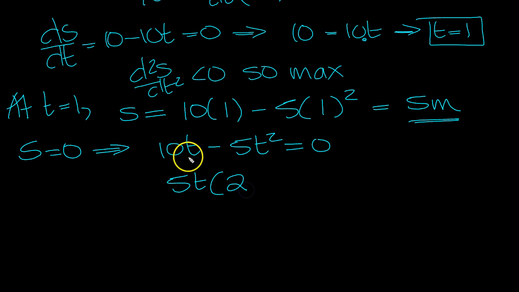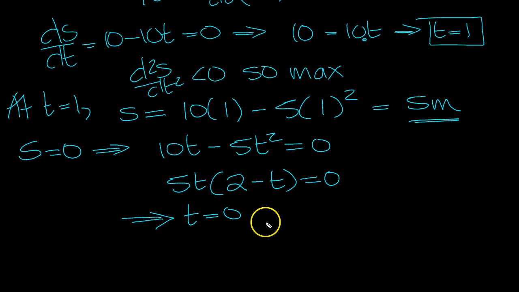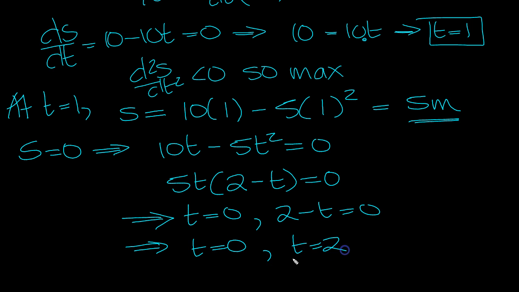That would be a 2, and this would be a t. So here this tells us that t equals 0, which is when it initially goes up from the ground, or when 2 minus t equals 0. This one tells us that t equals 2. So it's on the ground initially, and then it hits the ground again 2 seconds later.